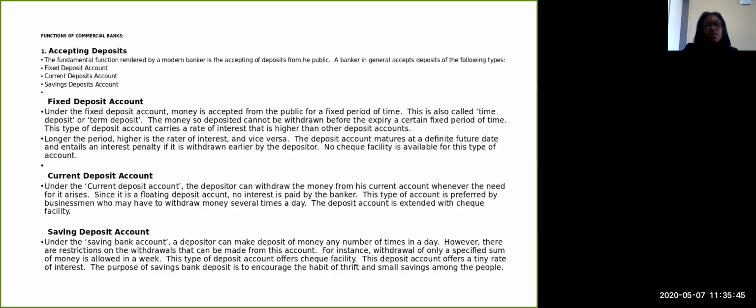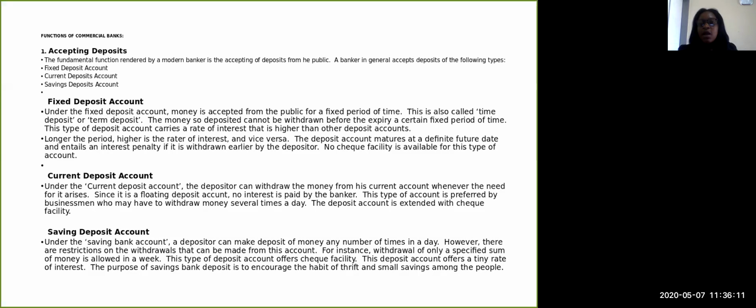When you withdraw money before the time elapses in a fixed deposit account, there are some penalties that will be charged. But in a current deposit account, the account holder can withdraw the money when they need it. Since it is a floating deposit account, no interest is paid by the banker.